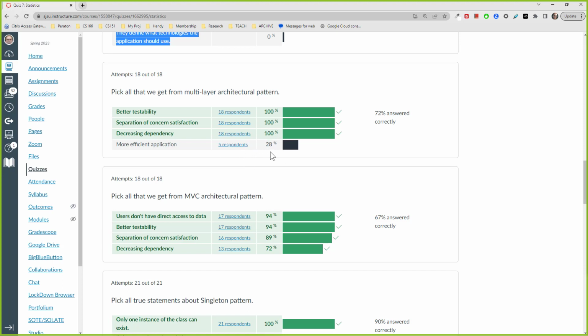Why did 5 students make this mistake? More efficient application, people. Efficiency was not part of the design pattern at all. Let me give you a very general piece of advice.